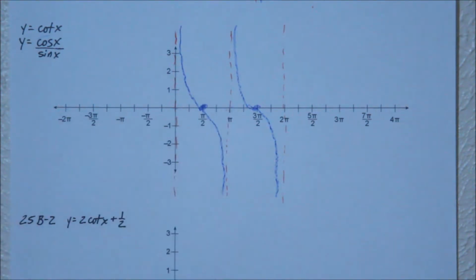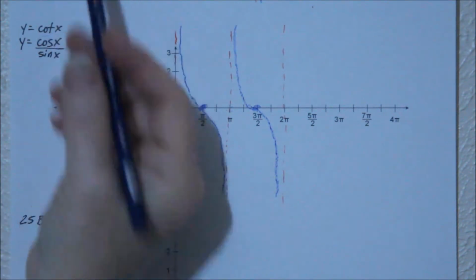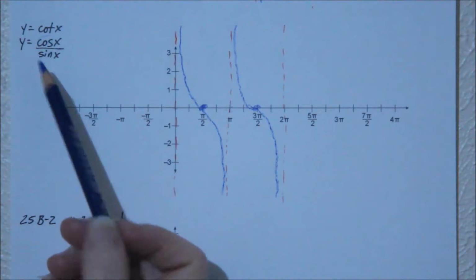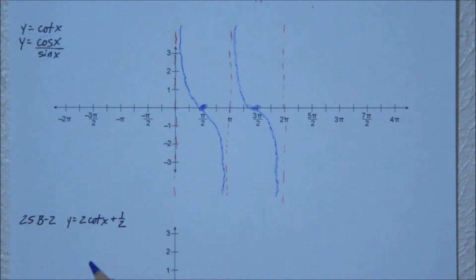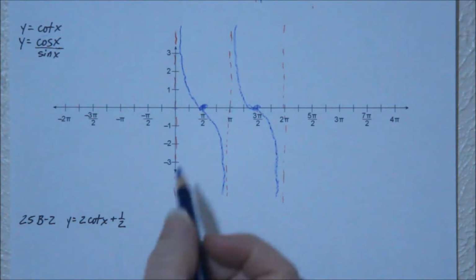The one thing I also want to point out in this lesson is, now that we have basic tangent and basic cotangent, we'll start going to other equations where we have a period change, an amplitude change, a translation, or a phase shift. Your amplitude change will affect your curve, but you can sort of ignore it for these problems.